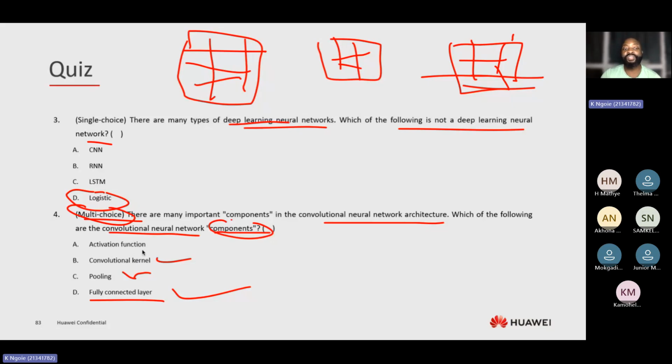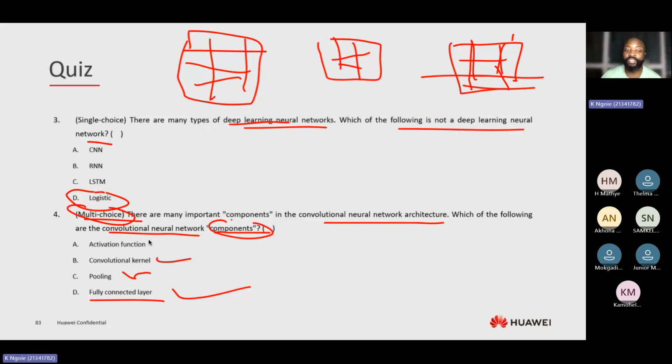Do we have activation functions? No. Yes, of course we have activation functions. Remember, in a neural network, we need an activation function between each layer. We mentioned that.